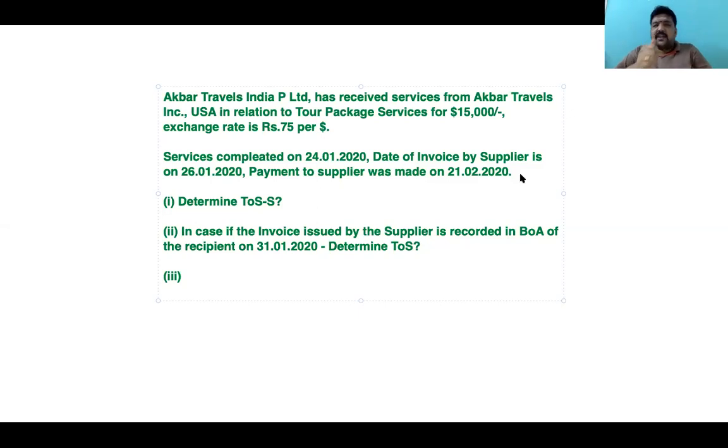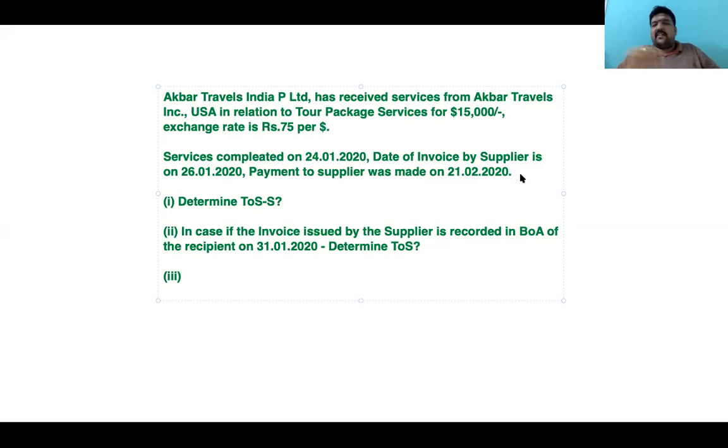See, the final crux: all of your answers are right. Understand that Akbar Travels India Private Limited and Akbar Travels Inc. are associated enterprises. For 40% of you, it is in your mind that yes, it is an associated enterprise. I want that to come on paper. When you write, ensure you write like that.